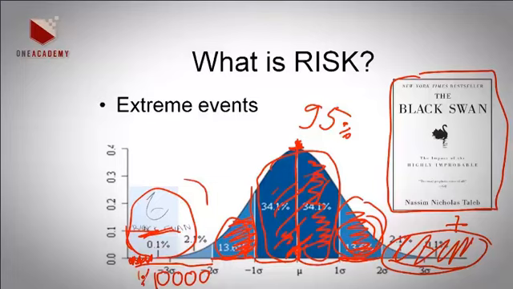Why is it called black swan? It's an interesting story. By the way, I propose that you read the book. Why black swans? Well, Europeans did not know that there were black swans existing on Earth before they went to Australia for the first time, some 250 years ago.